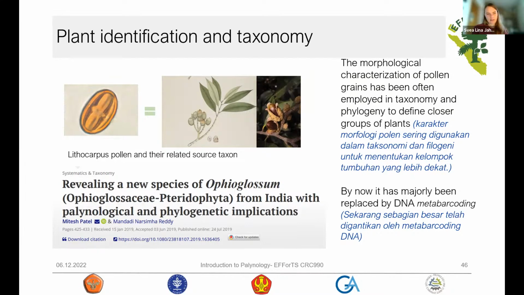This was only, I think, in 2019. However, I have to say that this has been mostly replaced by DNA metabarcoding. So it is not so common anymore to use palynological traits. In recent years, as you maybe face it yourself, this has accelerated a lot, and we mostly use DNA to define closer phylogenetic groups.